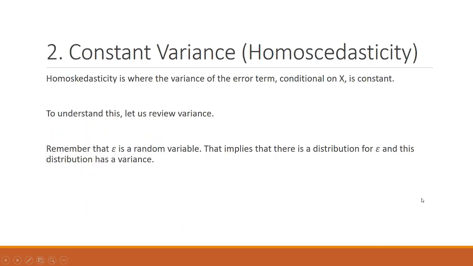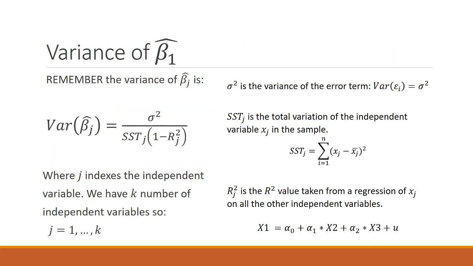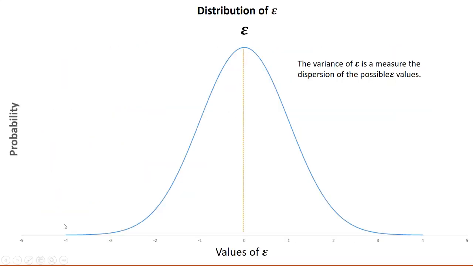So we're assuming that the distribution of our error term is going to look something like this. It's centered at 0, so the mean of the error term is 0, and it follows this nice normal distribution.